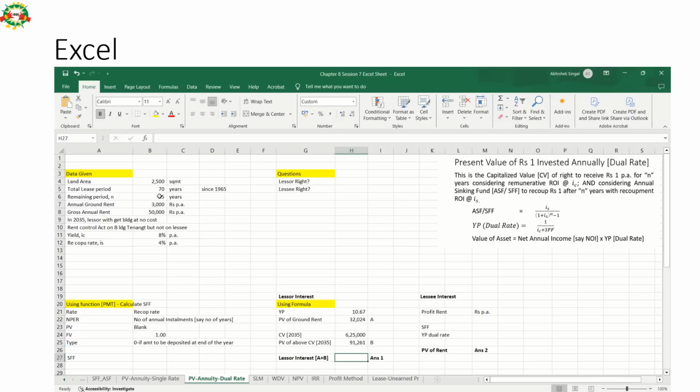So this is the value. So that means the lessor's interest is this plus this. So this is the answer 1, right?